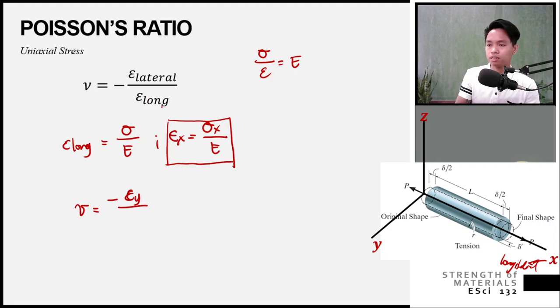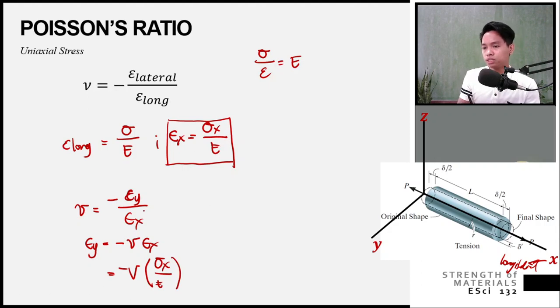Our longitudinal axis here would be X, so this would be our strain at X. Solving for your strain at Y, that would be equal to negative Poisson's ratio multiplied by your strain at X. Substituting the value of your strain at X, that would be negative v, Poisson's ratio, multiplied by your sigma X over your modulus of elasticity. Okay?